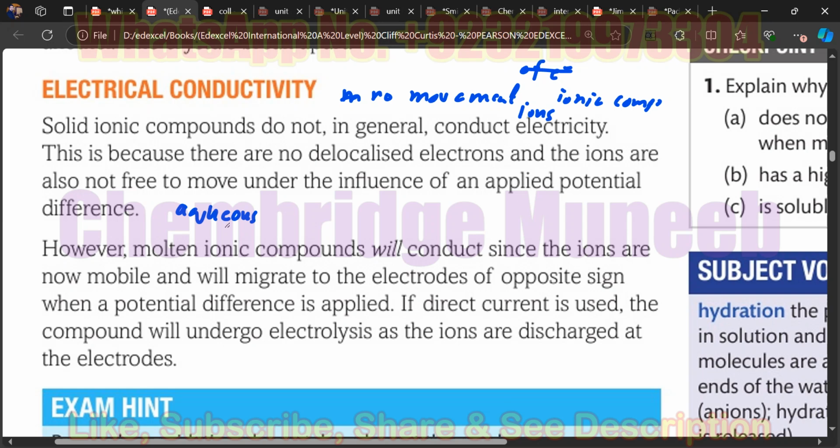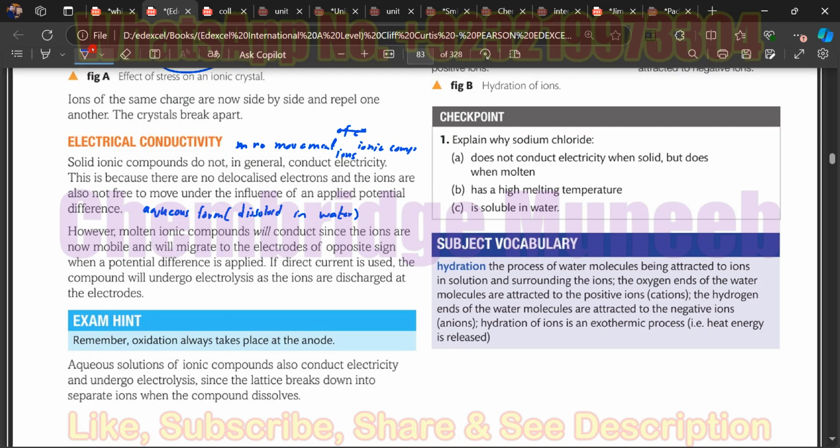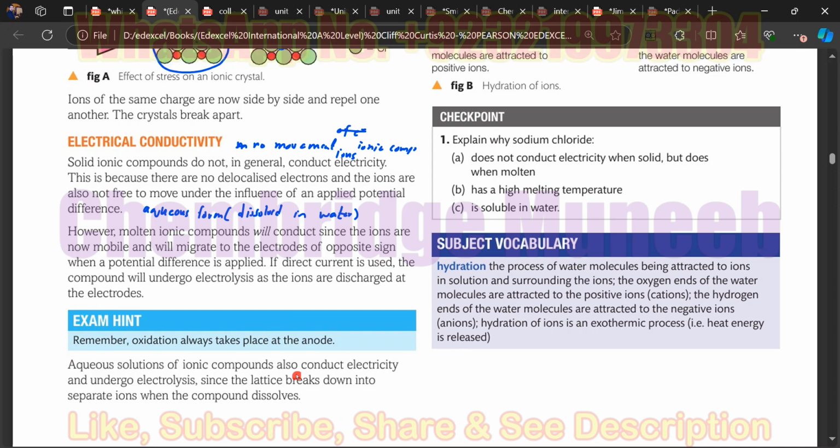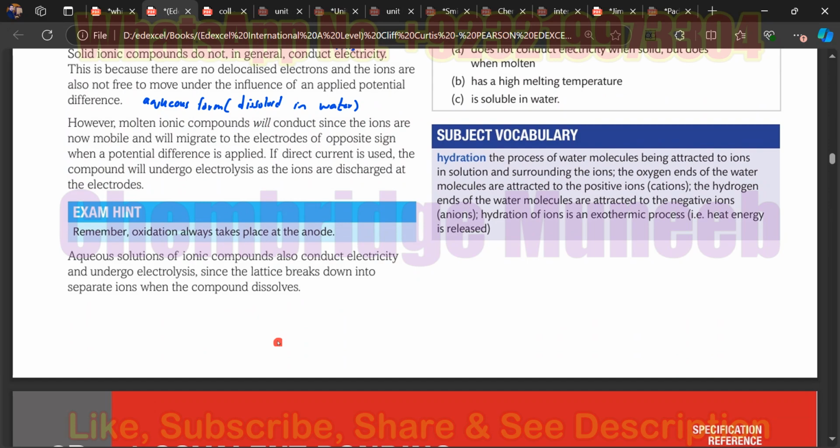Yes, dissolved in water. So when they are dissolved in water, what happens to the ionic compound? The ions split, the ions become separate. Are they separated from each other just like that, or are other special forces also taking part? The ions are free to move in the water.